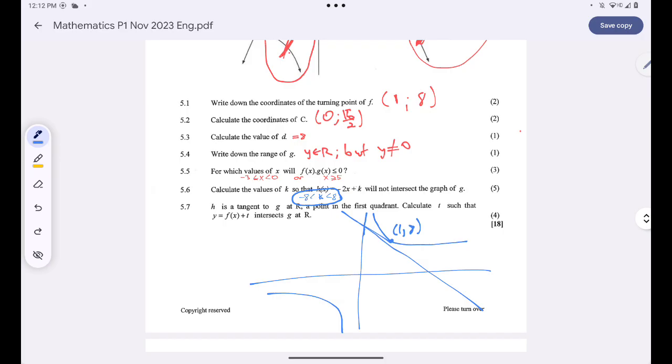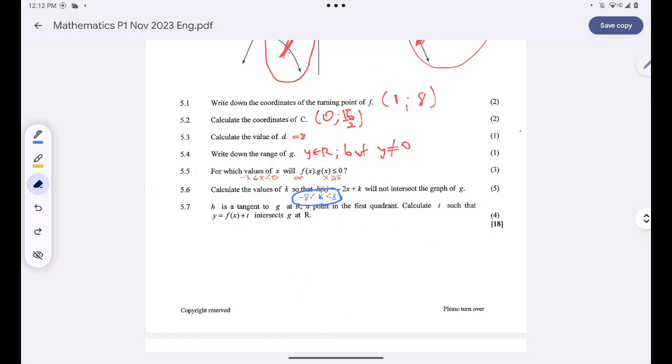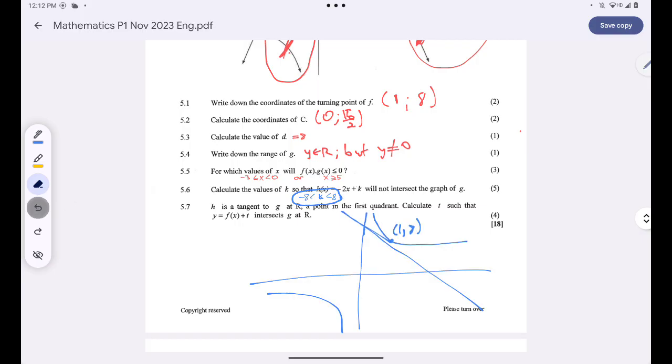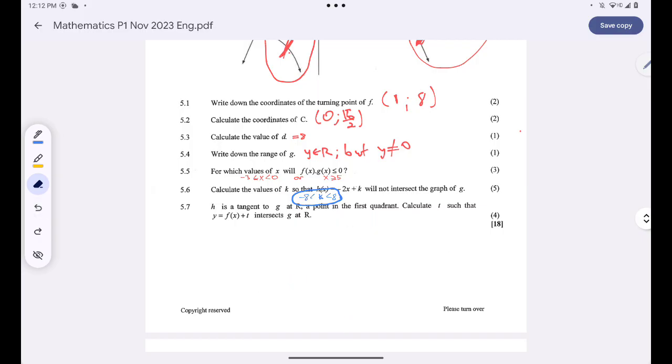Are you together? However, for h to be a tangent to the graph of g in the first quadrant, the value of k has to be 8. Are you together? Okay, so it simply means that, let me erase here. This simply means that the graph of h is given by negative 2x plus 8.